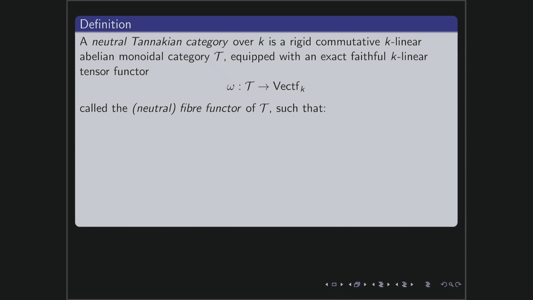Commutative just means that I have some notion of commutativity. Also a fair assumption that I have, for example, for vector spaces. And I also want it to be k-linear, because I want to work over a base field. K-linear just means that the homomorphisms here are k-vector spaces.